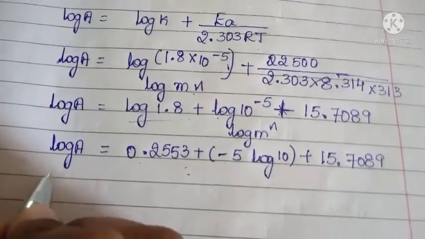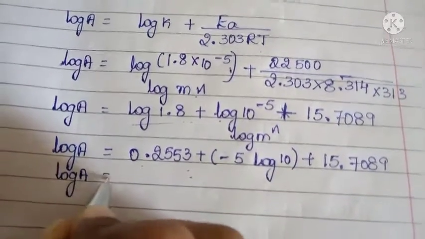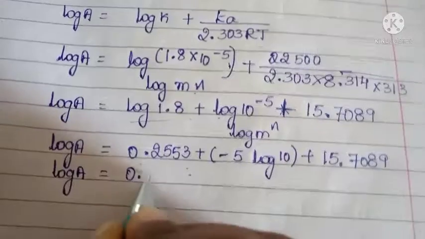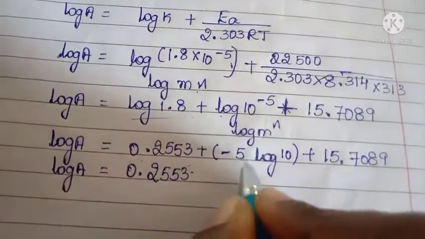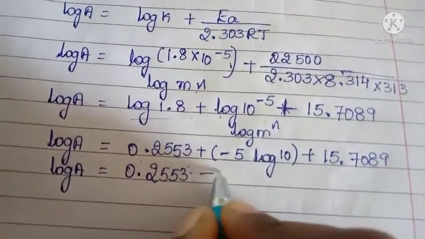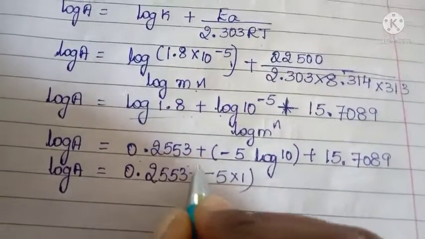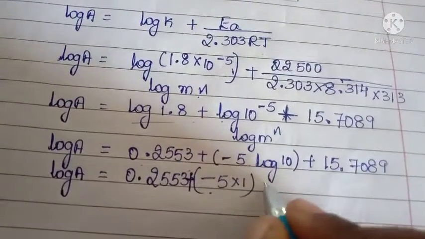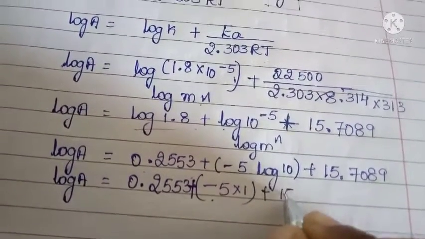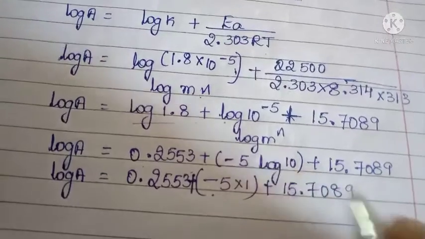So then log A is equal to 0.2553. This is minus 5, log 10 means 1. So then plus the value 15.7089.